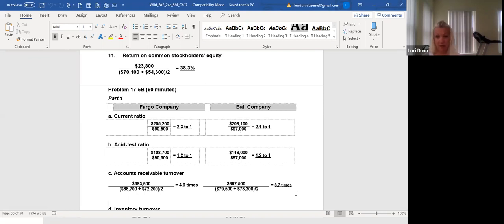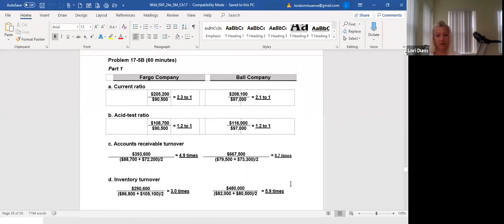They're doing much better at their accounts receivable management than Fargo is. They collect their cash almost double the times that Fargo does. I'm not going to sit here and go, why? I'm just identifying that they are much better at collecting their money than Fargo is over here. Any questions on that?